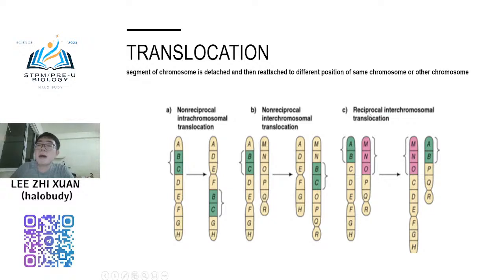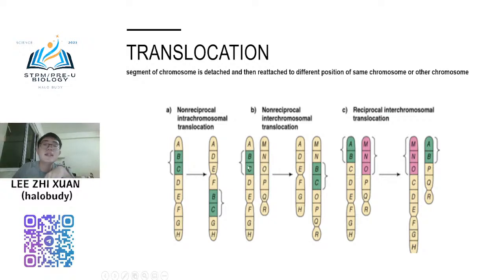Okay, how about reciprocal? Reciprocal means it does an exchange of both chromosomes. If you see this one, non-reciprocal only involves detachment and reattachment in one chromosome only. The right-hand side does nothing, no detach and reattach.